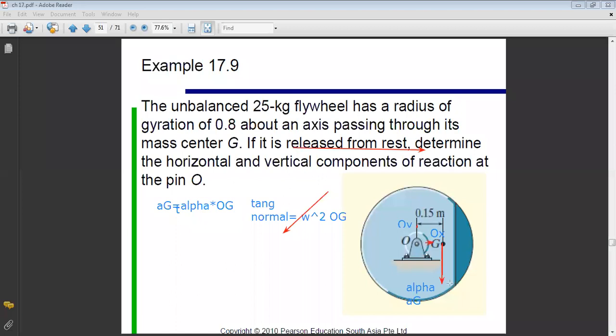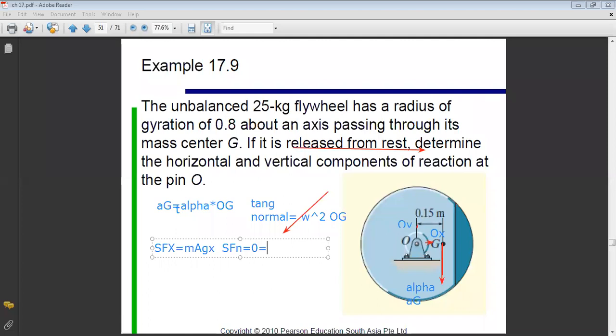Okay? So now I can write my other equations. My other equations are sum of Fx equals M AGx. But what is AGx here? It's 0 because now I demonstrated that my acceleration is restricted to y direction. Or I can say, if you want, if I'm working in normal tangential, it's better to say sum of F normal equals 0 because a normal is 0.